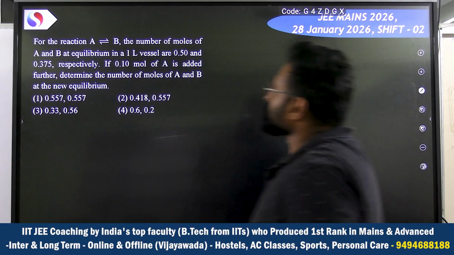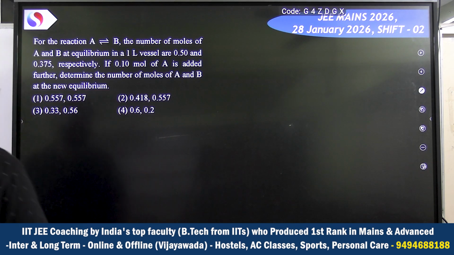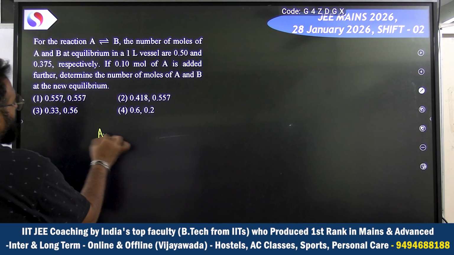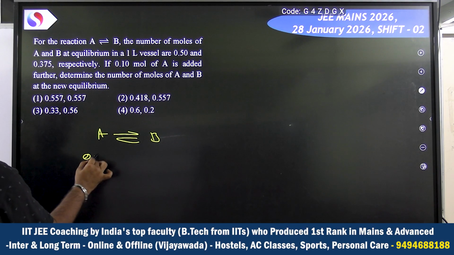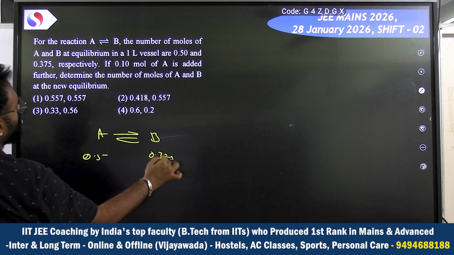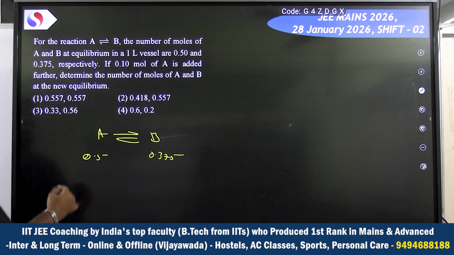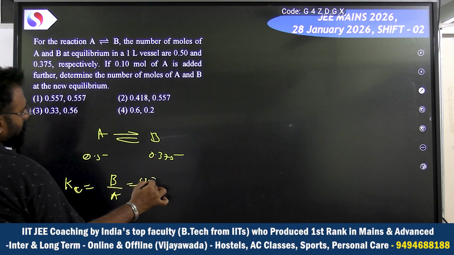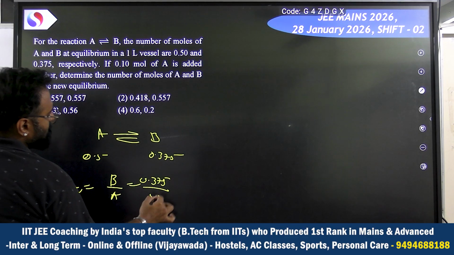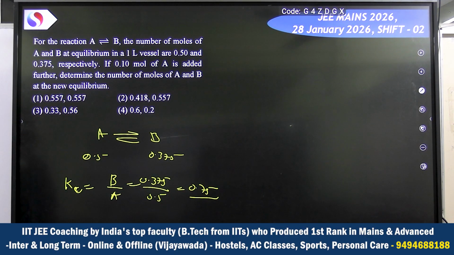Next, for the reaction A to B, the moles of A and B at equilibrium are 0.5 and 0.375. The vessel is 1 liter. So Kc will be B by A, meaning 0.375 divided by 0.5, so this will be 0.75. Correct? This we have Kc.